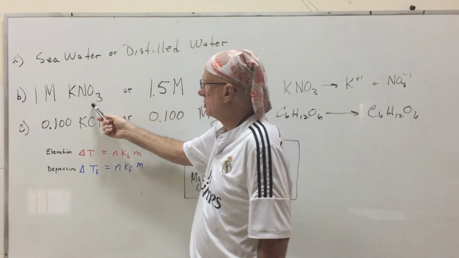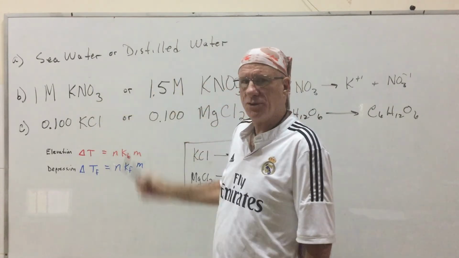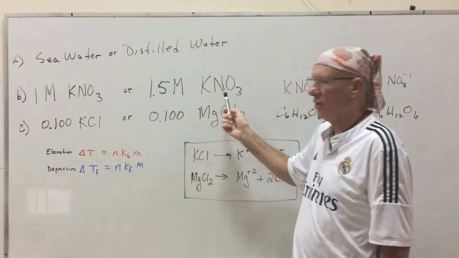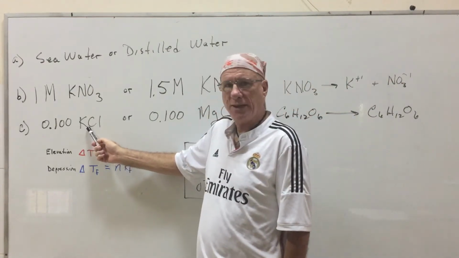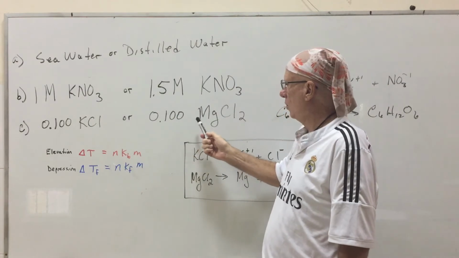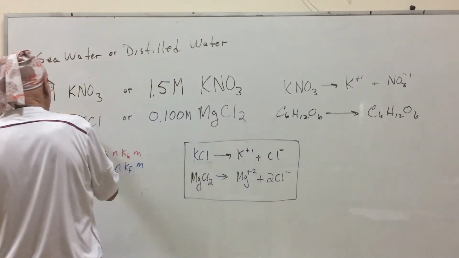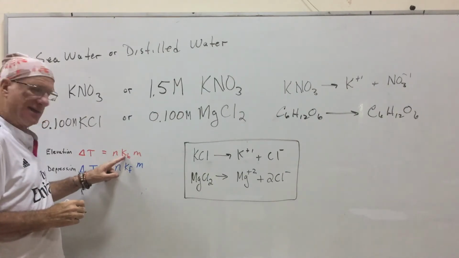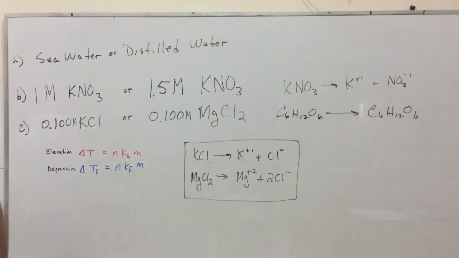Okay, now, the question is, which one is going to have a higher boiling point? Seawater or distilled water? 1 molar potassium nitrate or 1.5 molar potassium nitrate? 0.1 molar potassium chloride and 0.1 molar magnesium chloride. Now, the Kf and Kb are for the solvent.